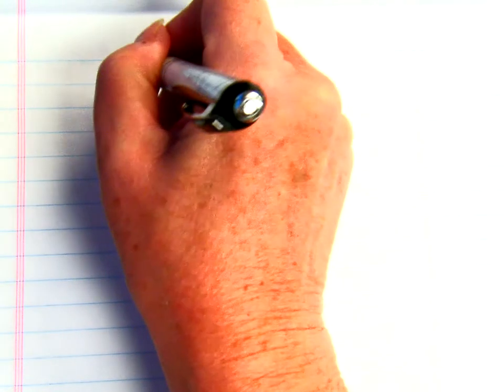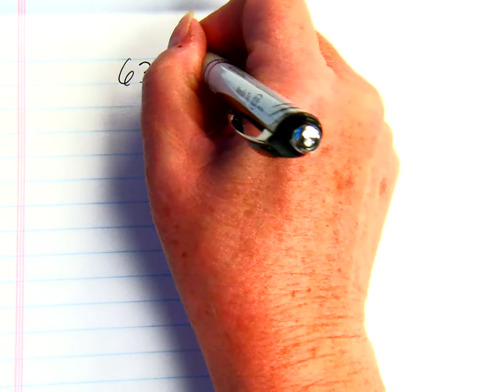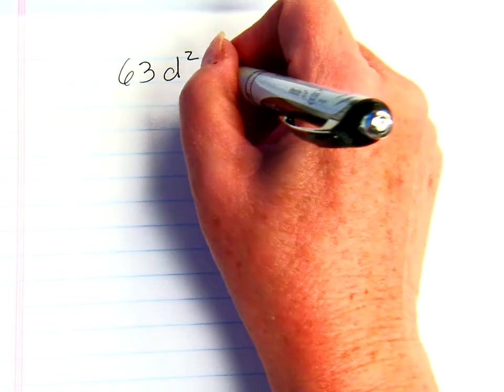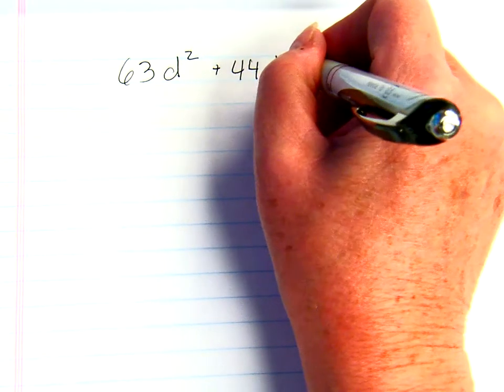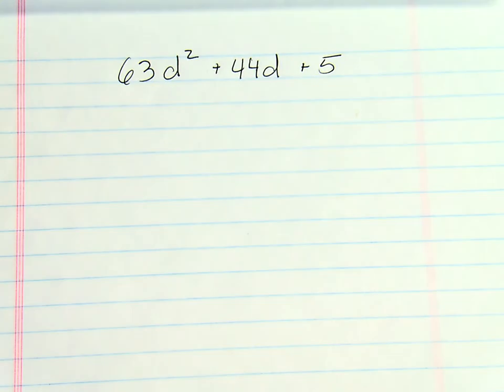And let's deal with our first trinomial, which is going to be 63d squared plus 44d plus 5. Okay.